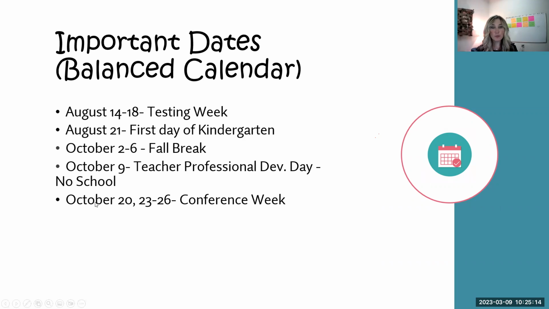Then we have a few more dates here, and I want to show you. If you picked up a packet, I'm not sure how many of you were able to do that, there is a balanced calendar in that packet that you may have picked up. It looks like this.